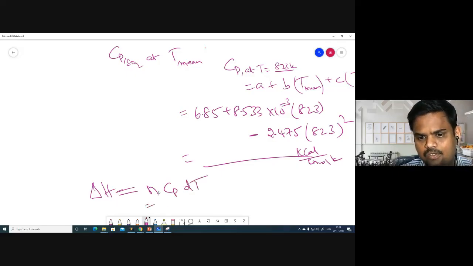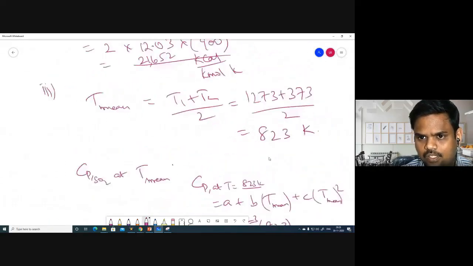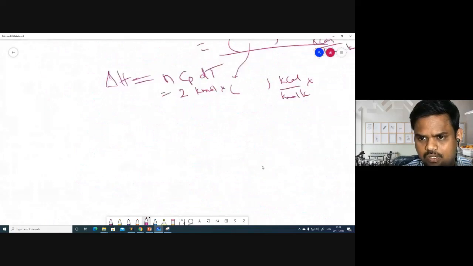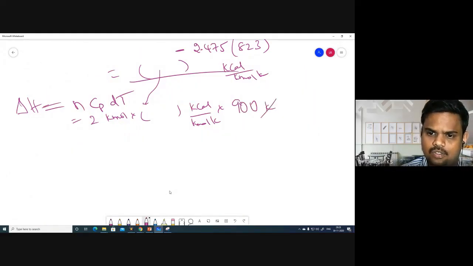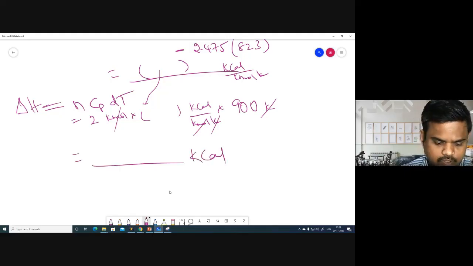So N is 2 kilomole, into Cp, whatever you get, its unit is kilocalorie per kilomole Kelvin, into delta T. Delta T is 1273 minus 373, that is 900 Kelvin. So Kelvin gets cancelled, kilomole gets cancelled. You get delta H equal to this much kilocalorie. So you will get around 22,000 plus or minus 100.